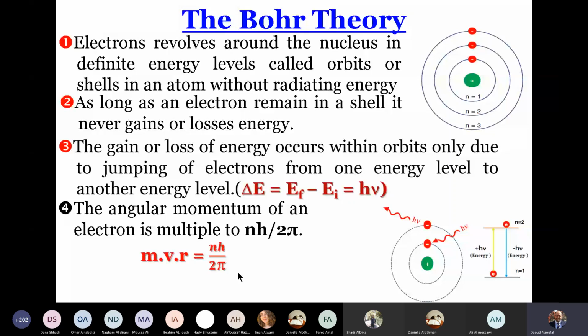The answer for R is very easy, because R is the distance between the electron and the nucleus. If the electron is on level 1, its distance from the nucleus is R1. If the electron is at level 2, its distance from the nucleus is R2. Now, why does the speed of the electron change from level 1 to 2 to 3? Because at level 1, the electron is highly attracted.